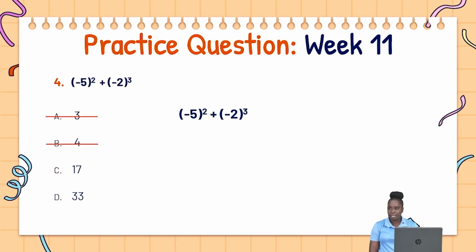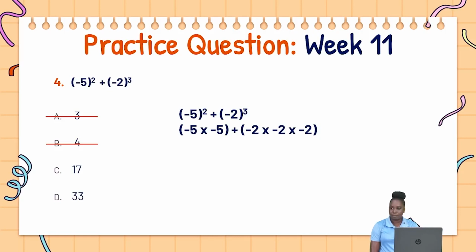Hopefully, we're remembering that when we square something, it means multiplying that number by itself. Also, cube would be multiplying the number by itself 3 times. So if we were to expand this, it would be negative 5 times negative 5 plus negative 2 times negative 2 times negative 2. Negative 5 times negative 5 is positive 25.